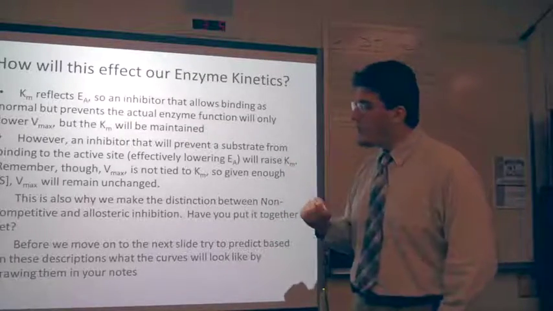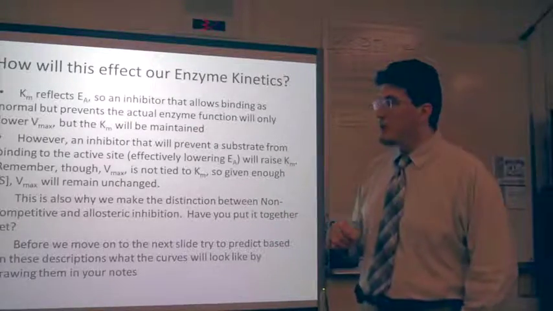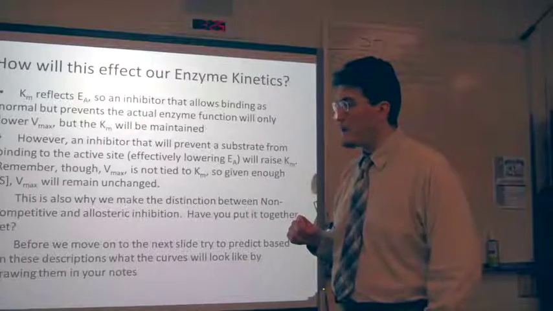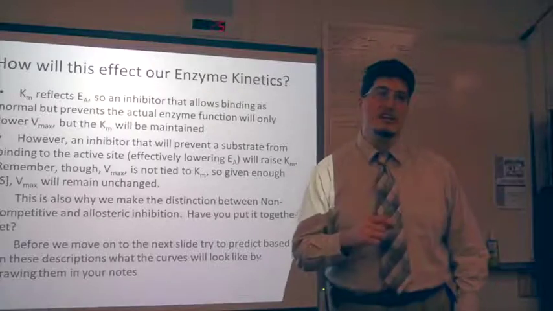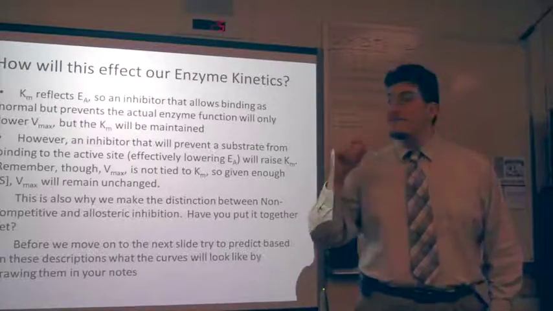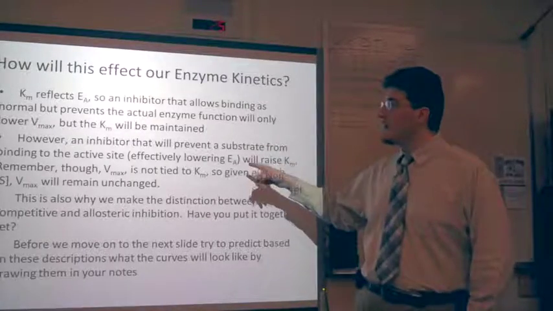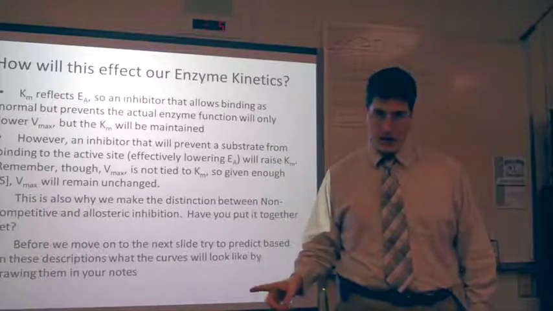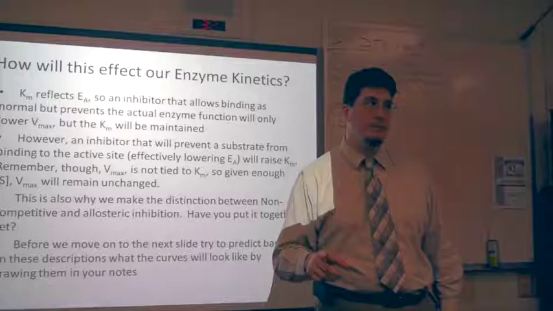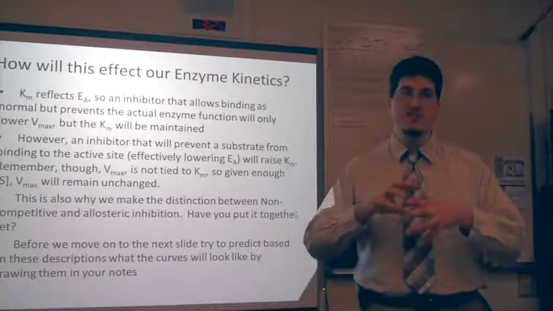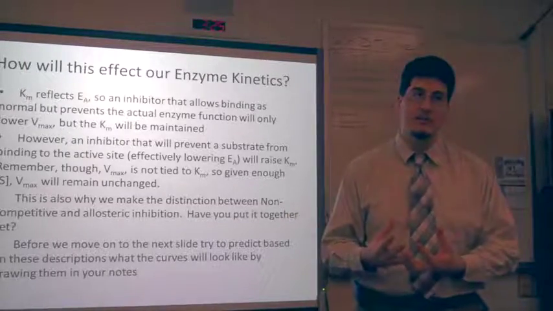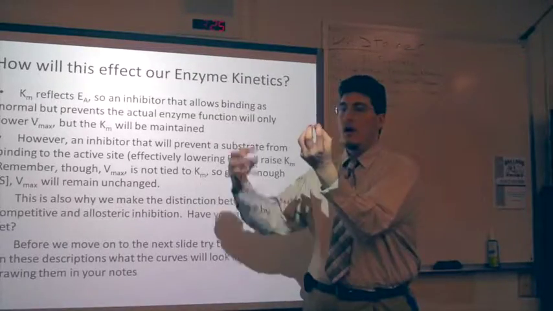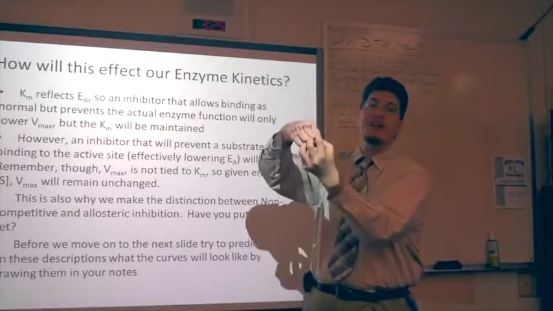This is also why we make the distinction between non-competitive and allosteric. Because allosteric affects whether or not substrate will bind to enzyme. Allosteric changes the shape of the active site. If the shape of the active site changes, the substrate cannot fit.